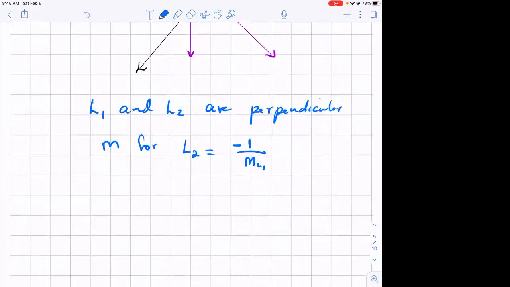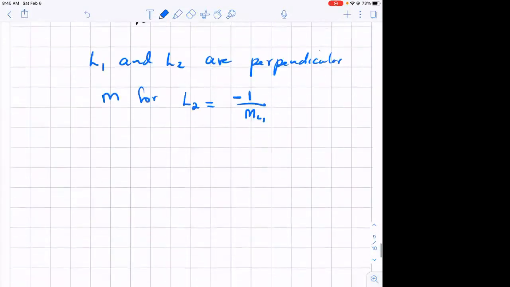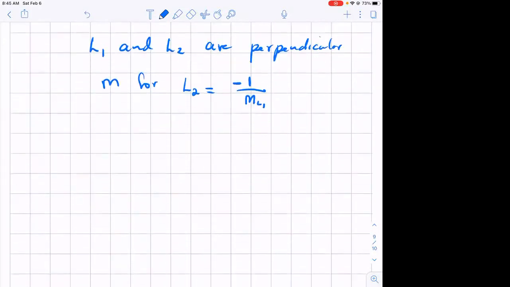So, what does that mean? Let's look at an example.